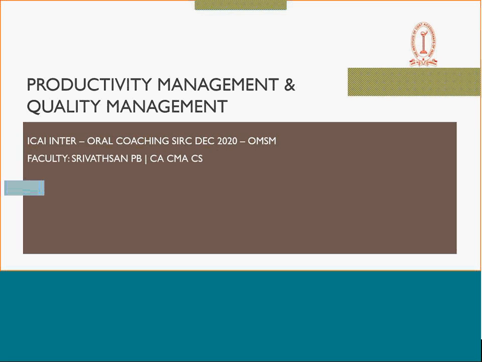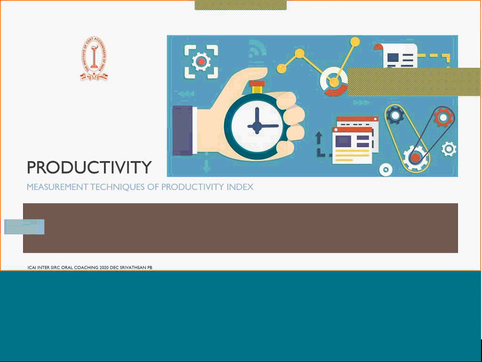So, execute, control. That's not management. Quality management: what ways we can improve our quality is what is discussed in quality management. So, get into the topic. First, productivity management.